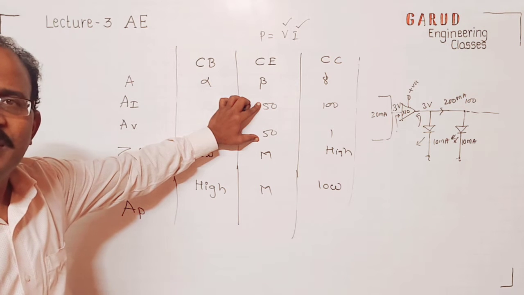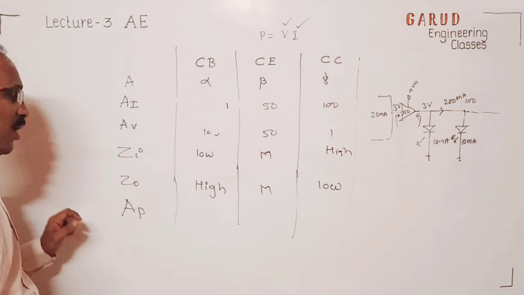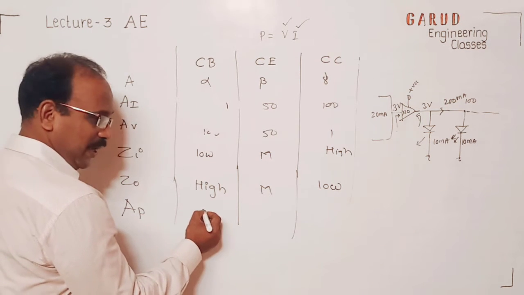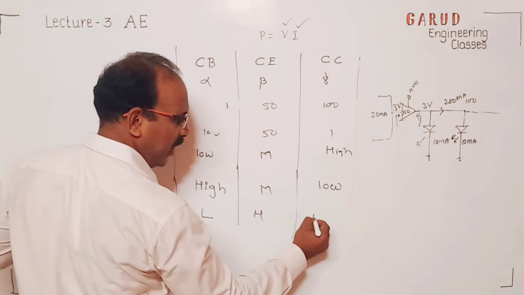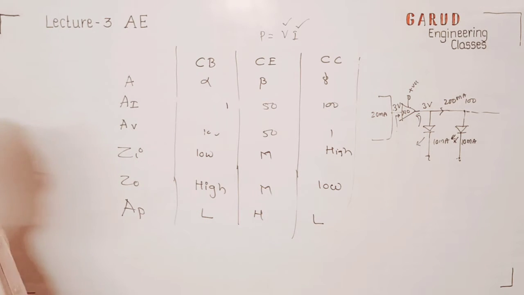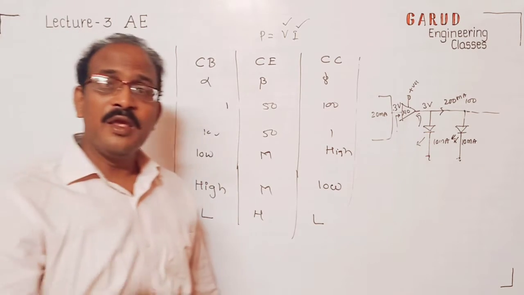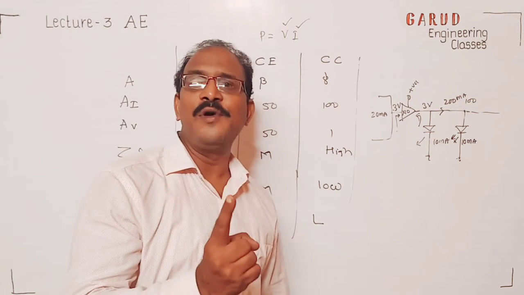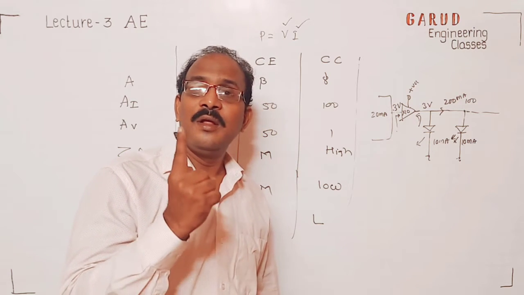Which one is good for power amplification? Common emitter is good for power amplification. Compared to this, this is low, this is high, or we can say medium. But keep in mind, common emitter amplifier gives excellent power.